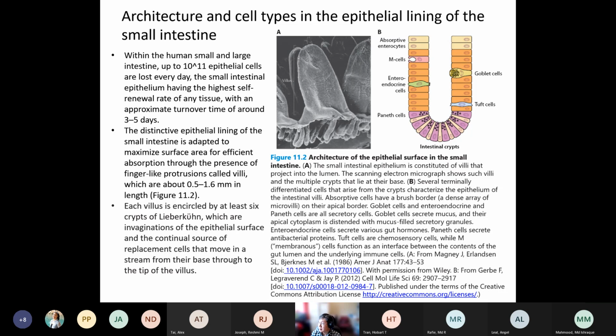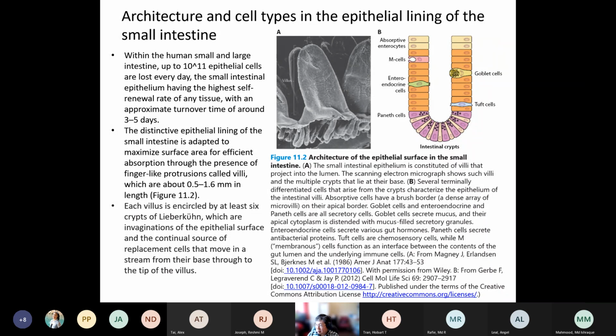So I would like to describe the structure of the small intestine because without that we cannot understand how the adult stem cells work. The function of the small intestine is mainly absorbing nutrients.